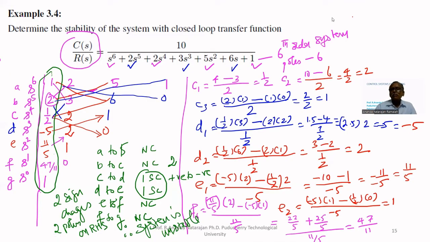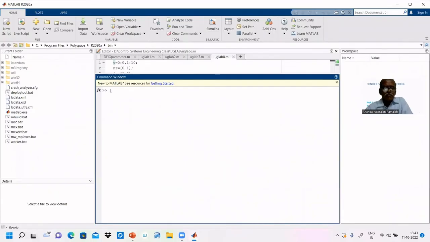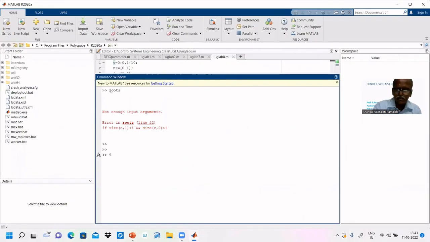In the MATLAB window, we can find the roots of the 6th order polynomial by calling the function called roots, and we have to pass the parameters. The coefficients are 1, 2, 3, 5, 6, and 1.